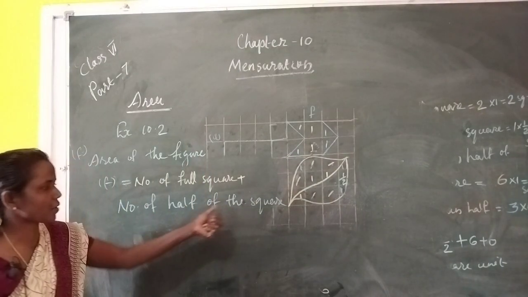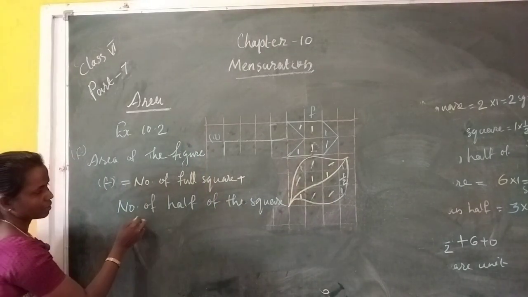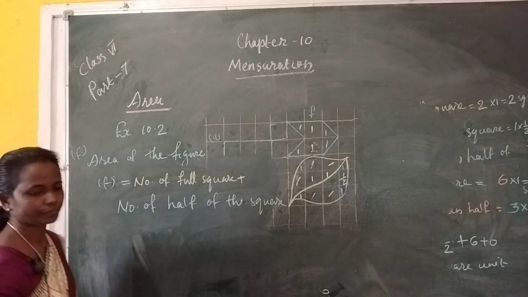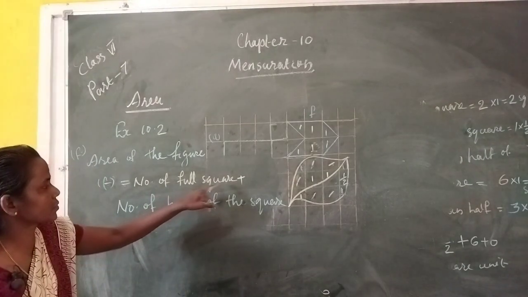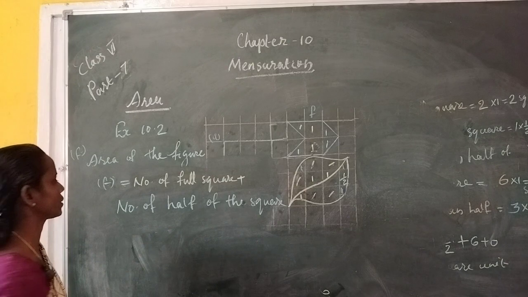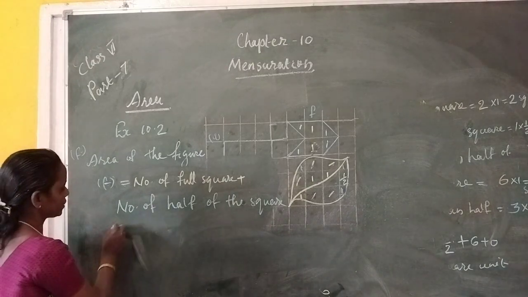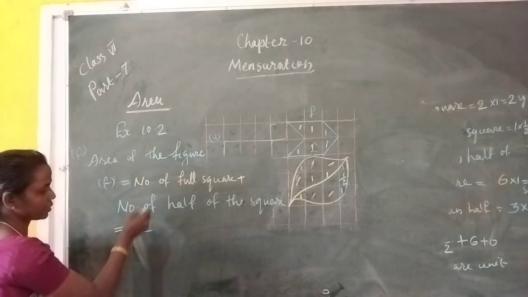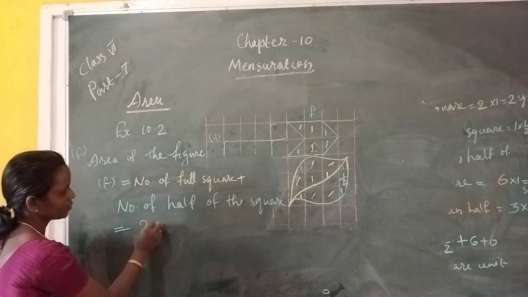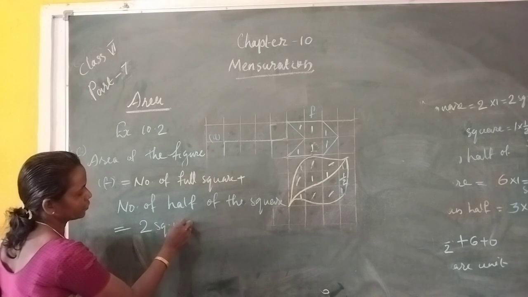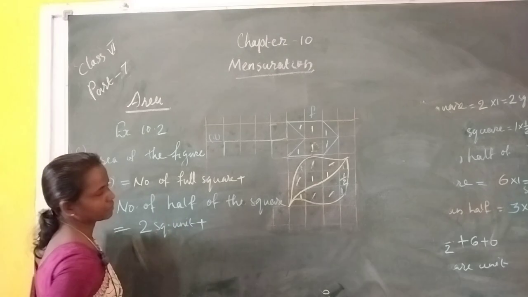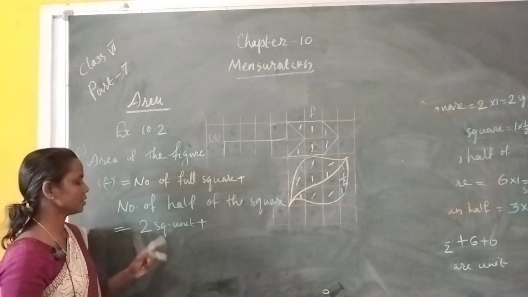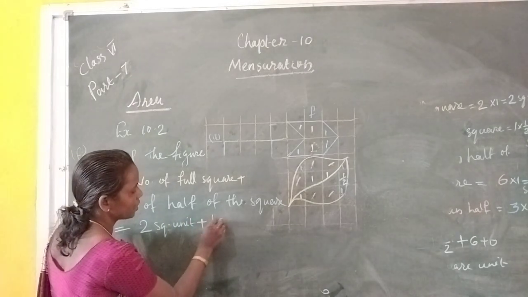Then number of full square plus number of half of the square. Then we can write is equal to how many full square? 2. So here we can write 2 square unit plus how many?